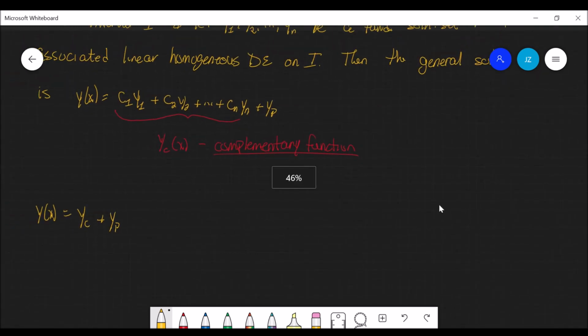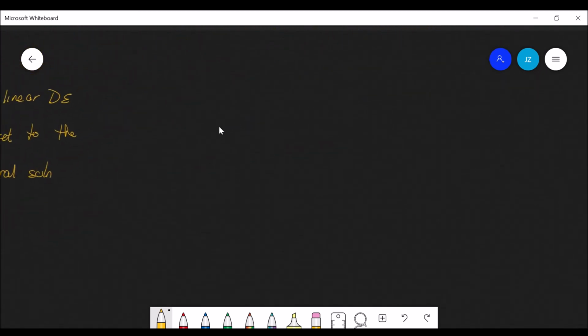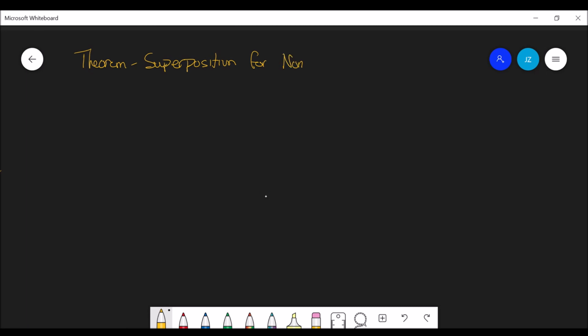This leads into the superposition principle for non-homogeneous. So we had the superposition for homogeneous. Now we have the superposition principle for non-homogeneous.